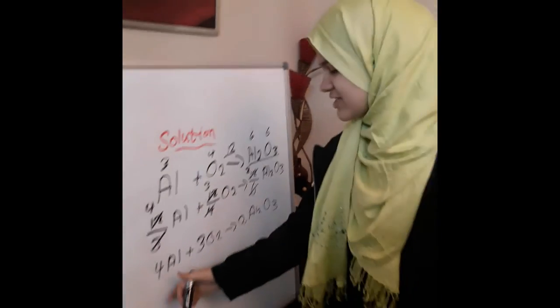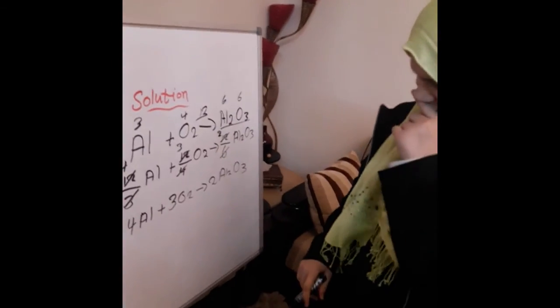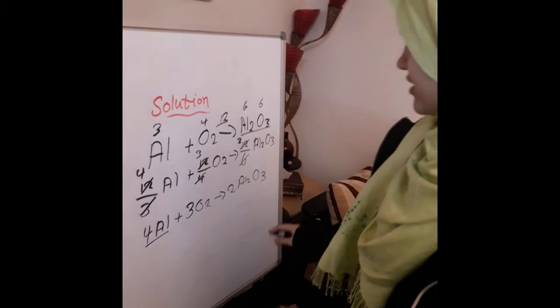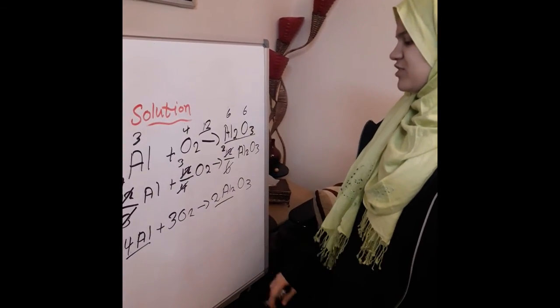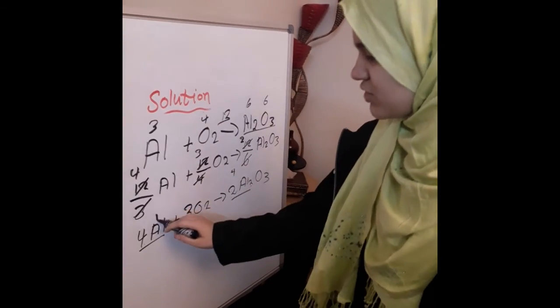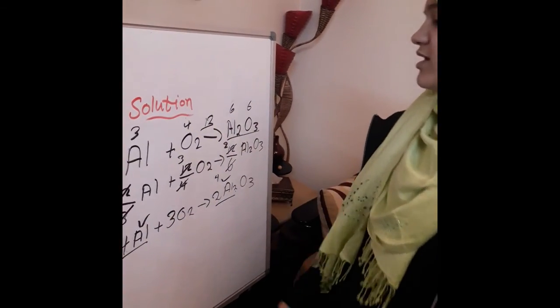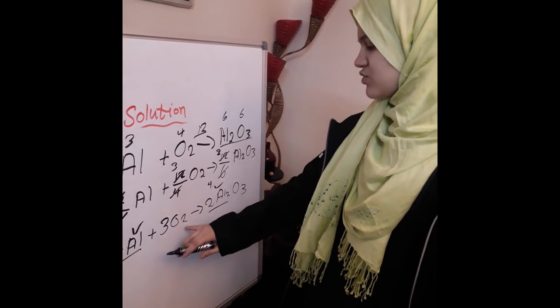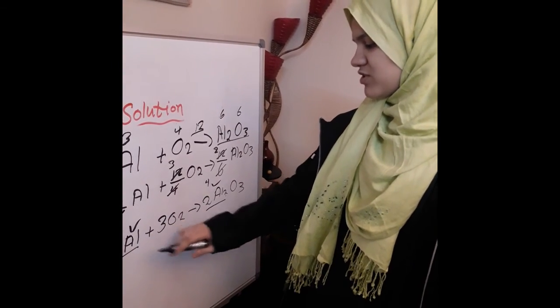Then let us see whether it is balanced or not. First, here there are 4 atoms of aluminium, and here also there are 4 atoms of aluminium, because 2 times 2 is equal to 4. That means aluminium is balanced. Then the oxygen: there are 3 times 2, 6 atoms of oxygen.